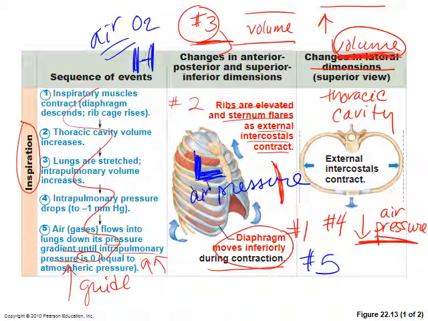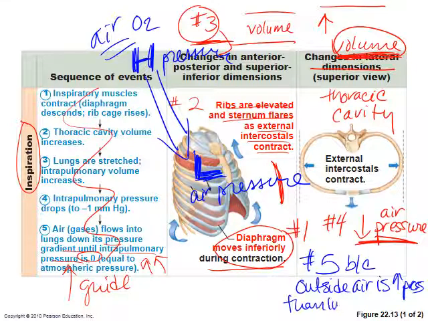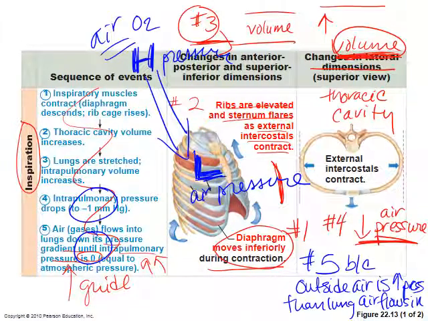This oxygen is under higher pressure than what's inside your lungs. So where does air flow? From high to low. So say something about because the outside air is under higher pressure than the lungs, air flows in. Again, if you write these terms, I'm going to take off.